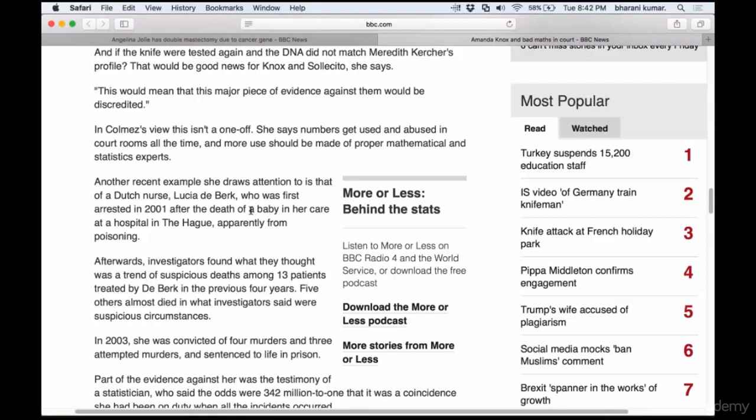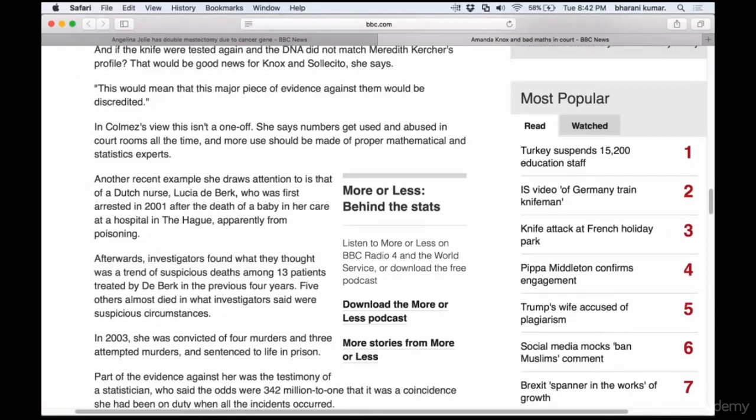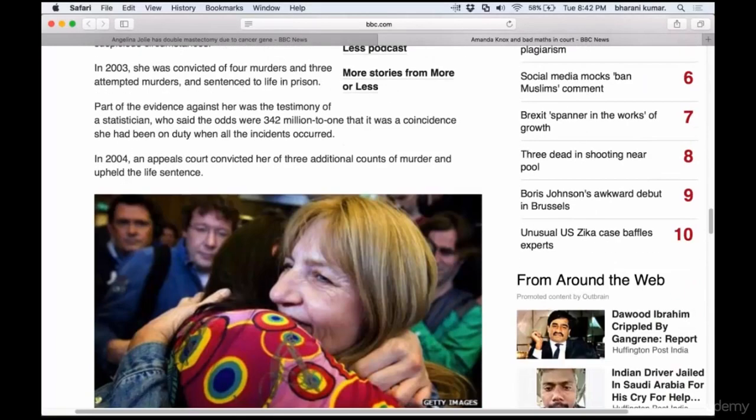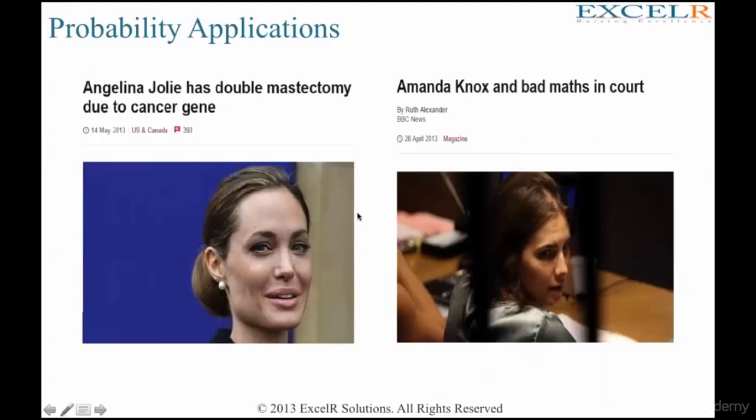Later on, when the investigations went on, people found that under her supervision, 13 other patients died, roughly. And then she was sentenced to life in prison. But statisticians came to her rescue. They did some analysis and found that the odds were 342 million to 1 that it was a coincidence. And based on this, she was released from the court. This is the power of probability. This is the power of basic statistics that you're learning now.